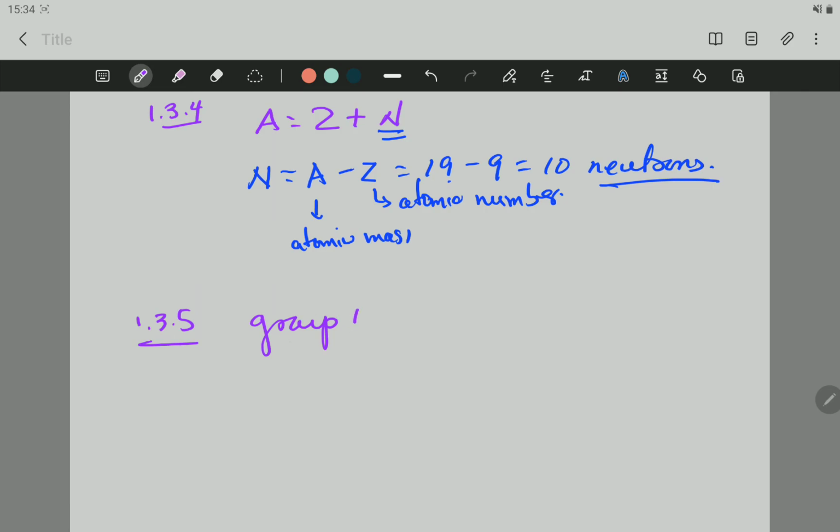Group 1 are called alkali metals. All of them are called alkali metals, except hydrogen.